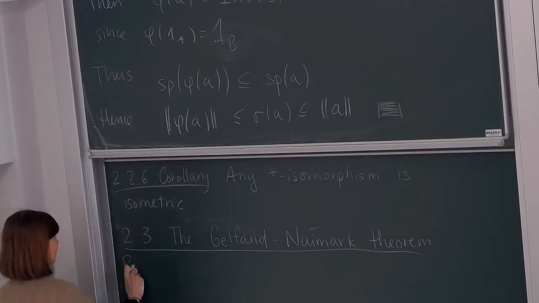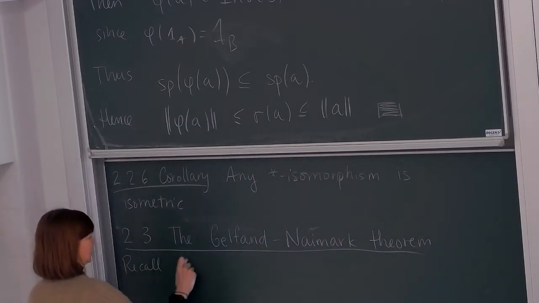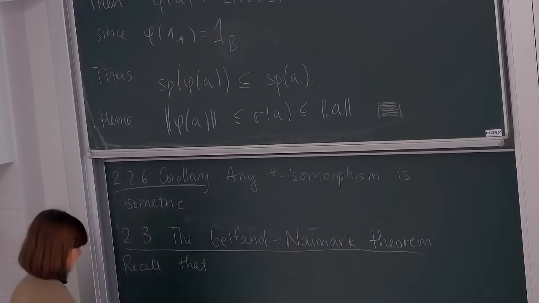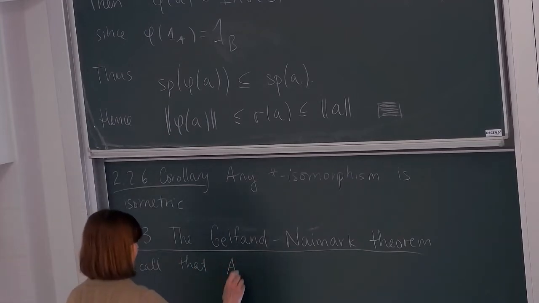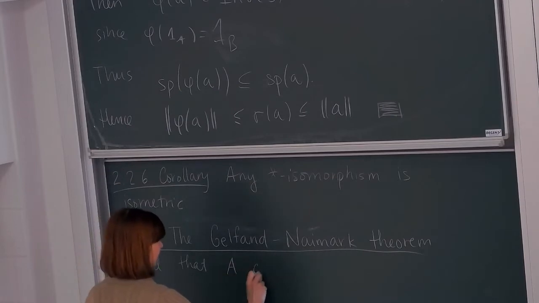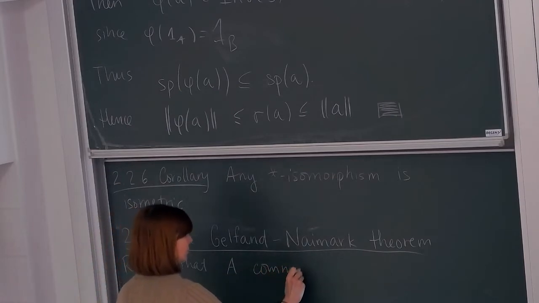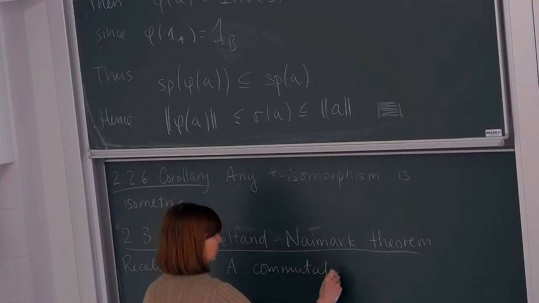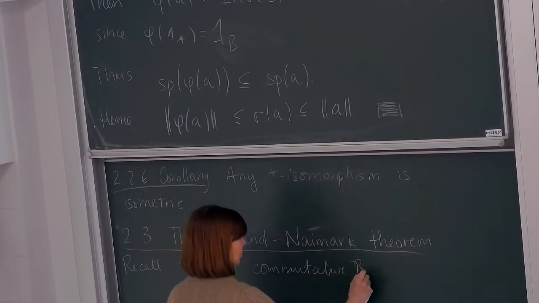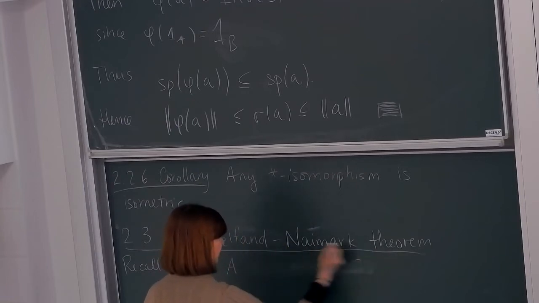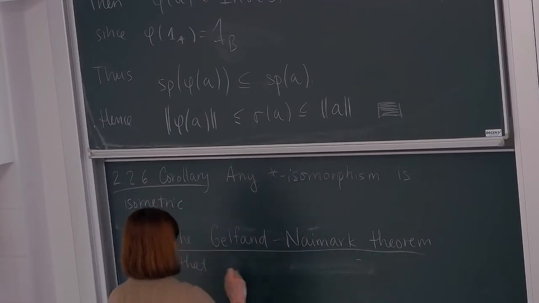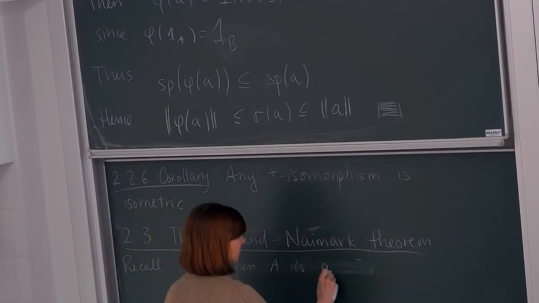Okay, so just to recall, we had the character space of A, for A commutative. Yes, we also wanted it unital. No, we don't need it to be unital.